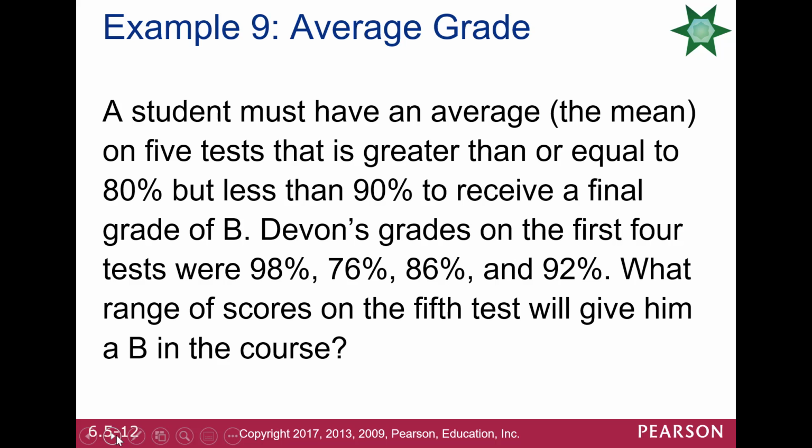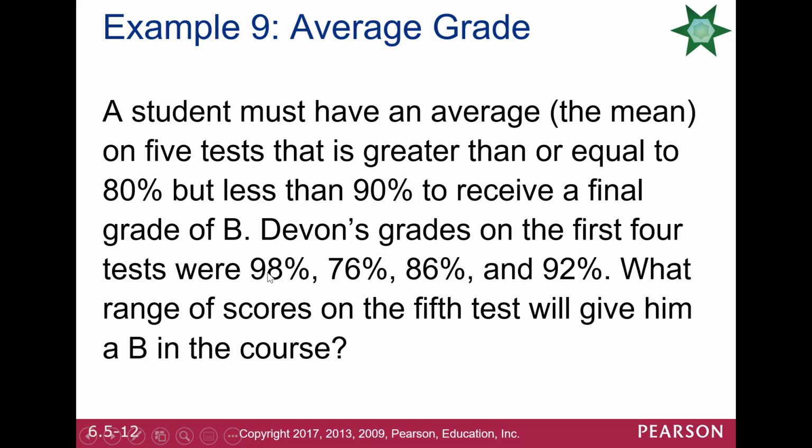Now, how does this get applied to real life? A really common example is test grades. So let's assume that I had a student who wants to have an average greater than or equal to 80, but they're going to be below 90 if they're going to be getting a B. Here are the first 4 test grades. What does that 5th one have to be in order to give him a B?